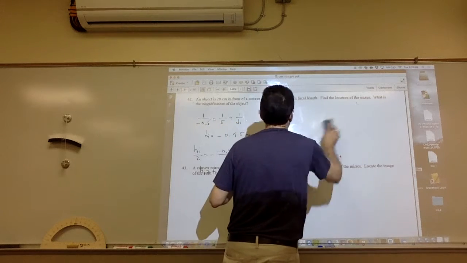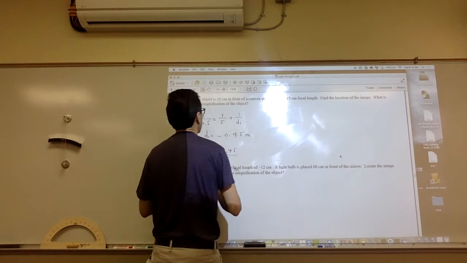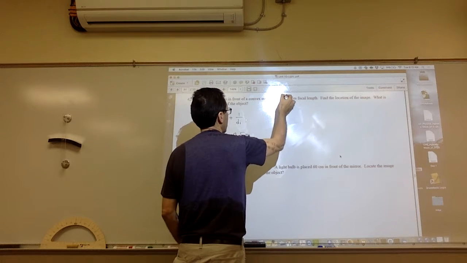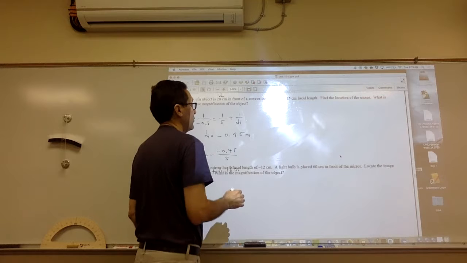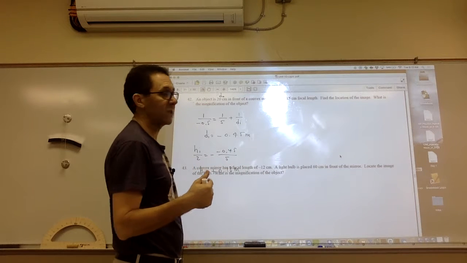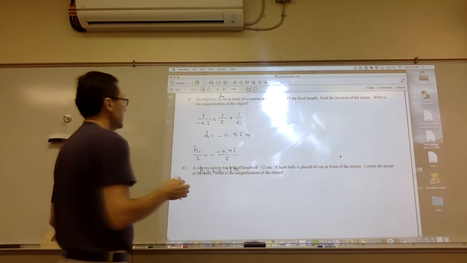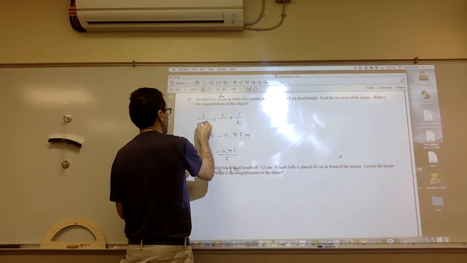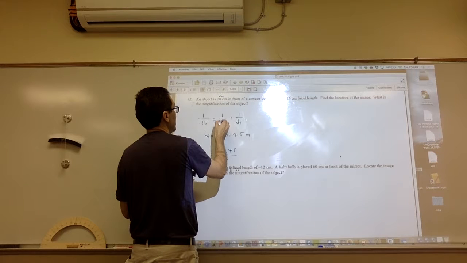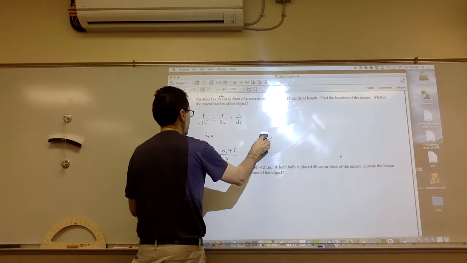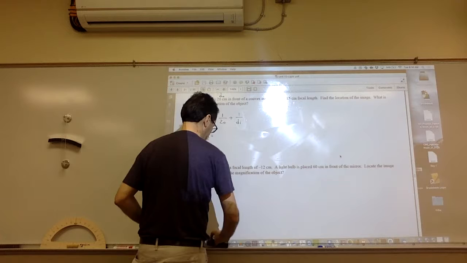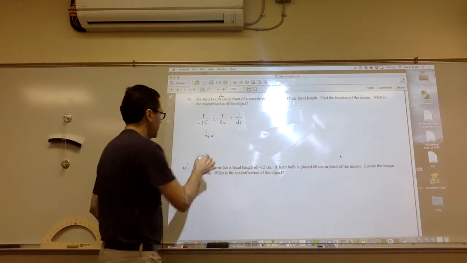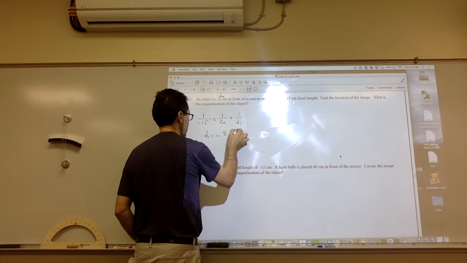An object 20 centimeters in front of a convex mirror. So this is also telling us that the focal distance is negative already. But if they tell us that it's positive, we have to make it negative. Find the location of the image. So 1 over negative 15, and this is going to be 20. So DI is going to be negative 8.57 meters.